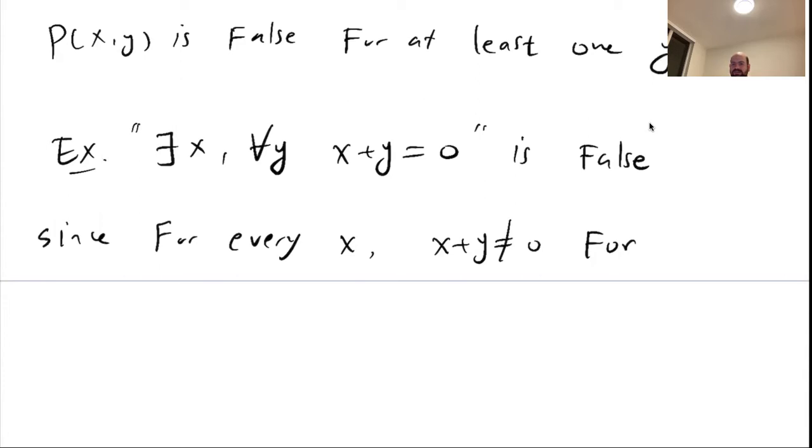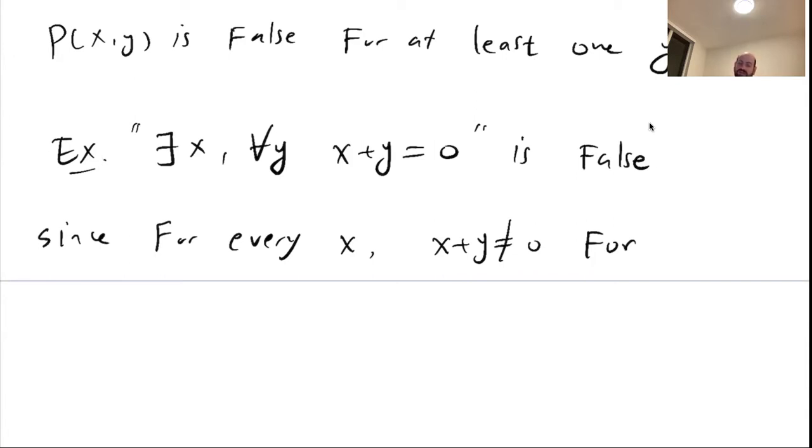Let's say x is fixed. X is fixed and given. So for example, x could be 2. We want 2 plus y not to be 0. Now, which y value can I use in order to have a guarantee that x plus y is not equal to 0? 2 plus y is not equal to 0 for many y values, for example 1, 2, 3, 4, 5, minus 1, anything except minus 2.